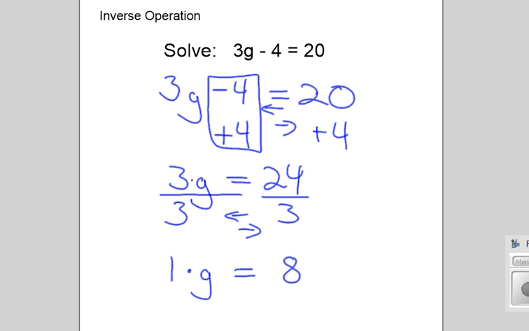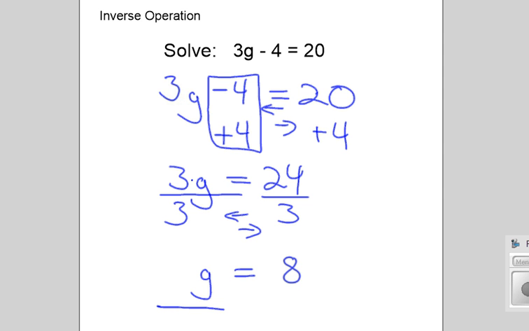Because of the identity property of multiplication, 1 times n is the same as just plain n, so we come away with n equals 8.